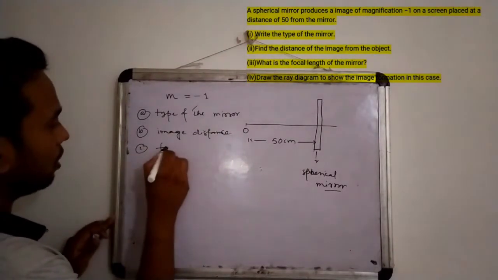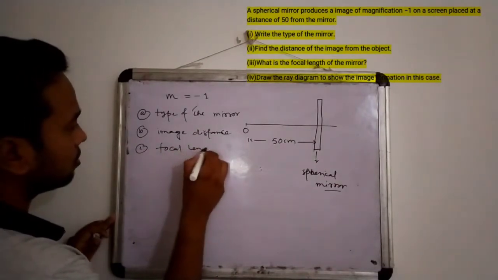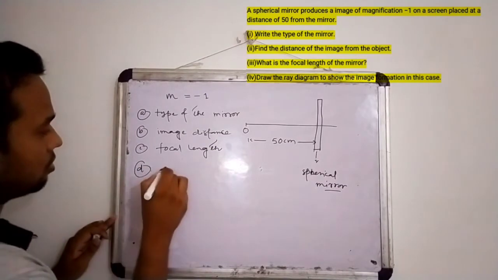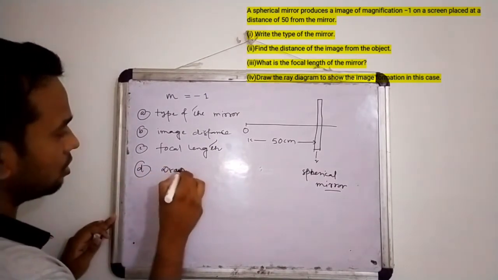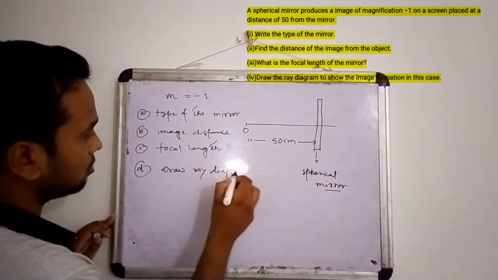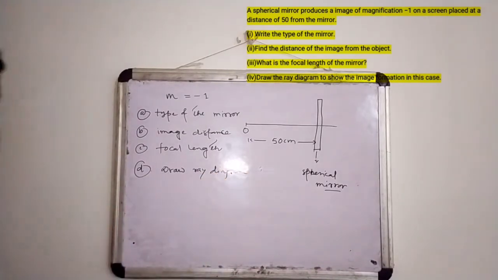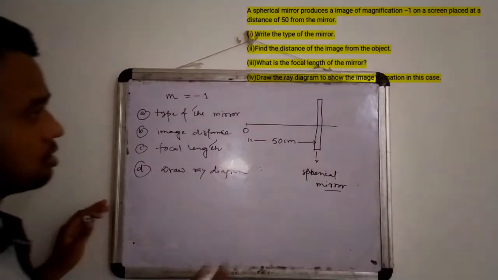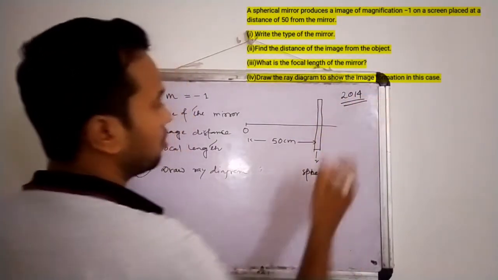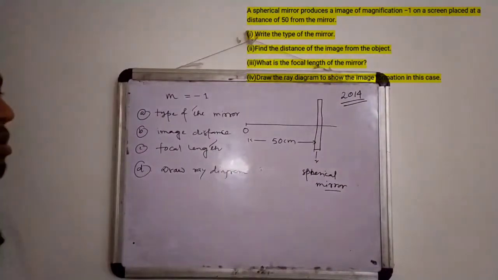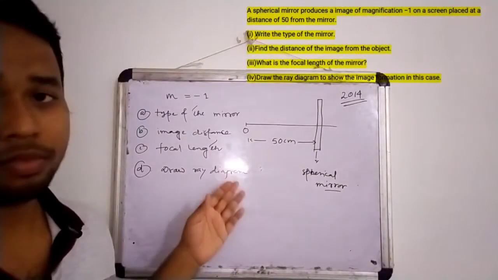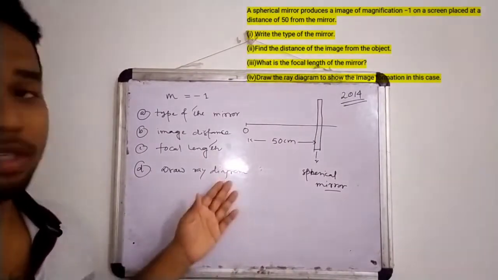What will be the focal length? And draw the ray diagram. Okay, these are the questions. This is the question from 2014. So in the 2014 CBSE exam, these questions were in the question paper.